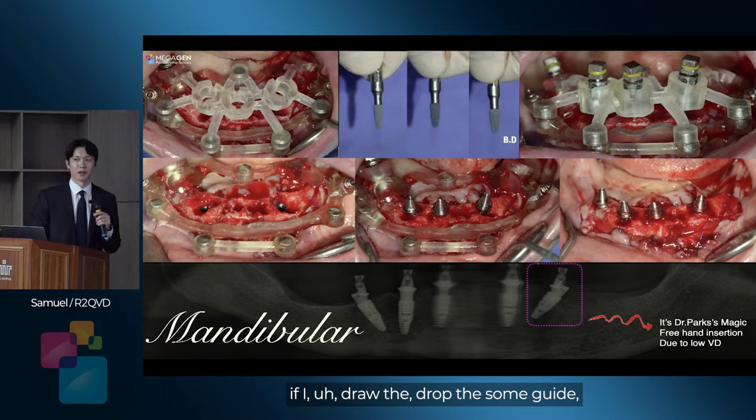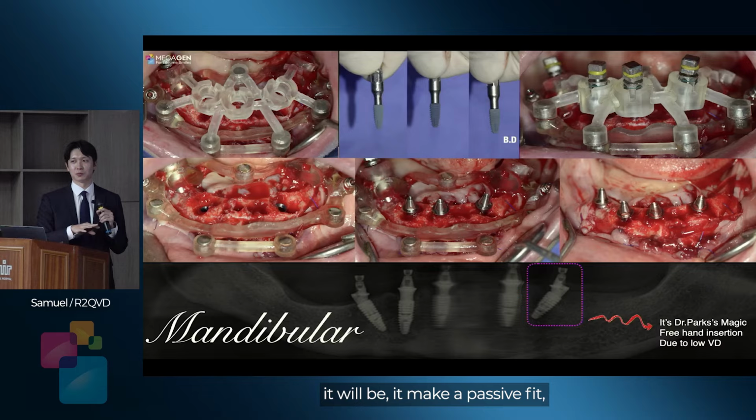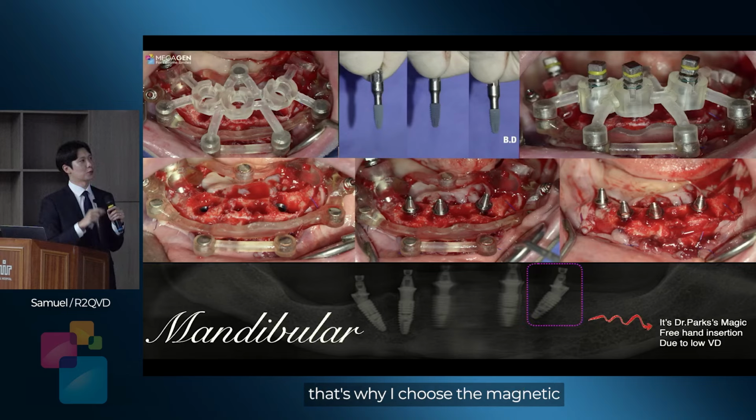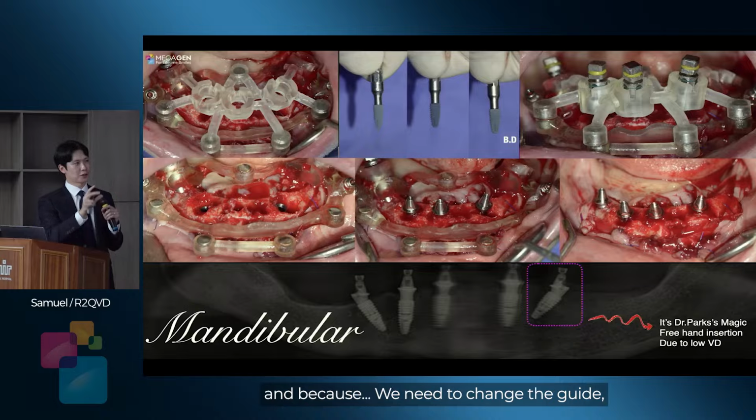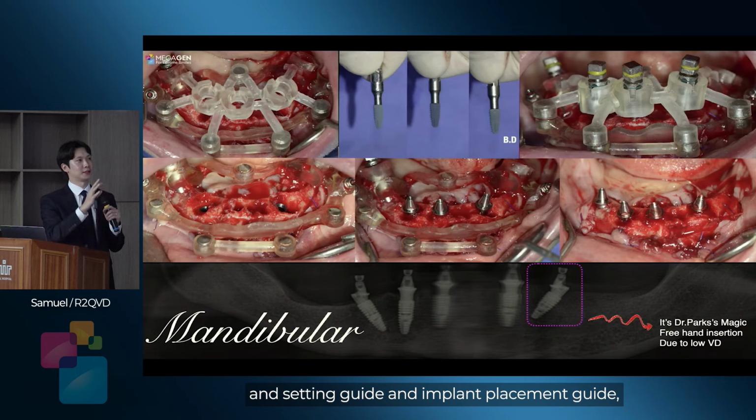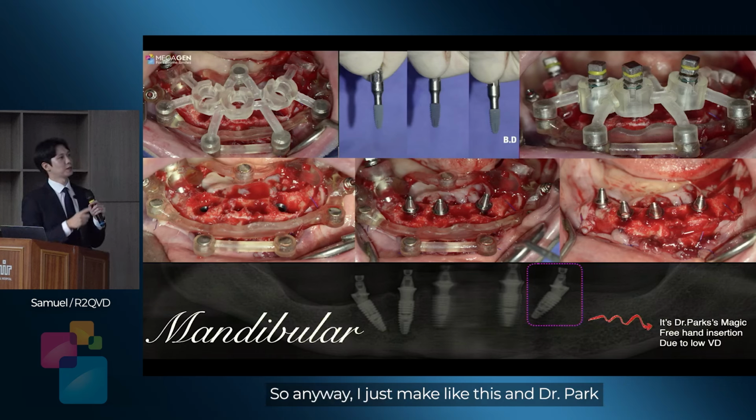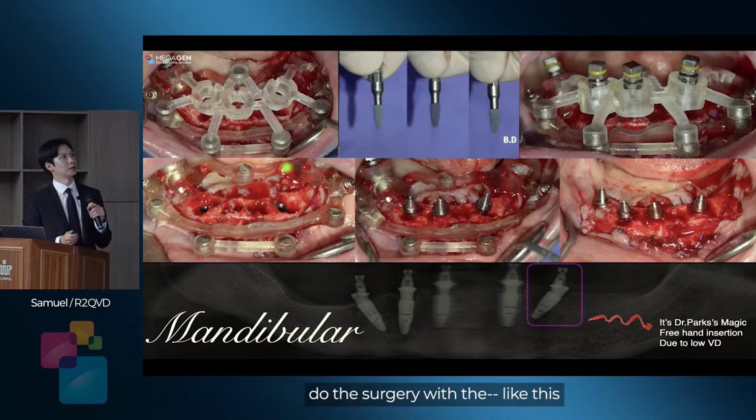If I drop the guide, it makes a passive fit. It will be better. So that's why I choose the magnetic, because we need to change the guide, the sitting guide and the implant placement guide, something like that. So anyway, I just made it like this, and Dr. Park did the surgery like this.